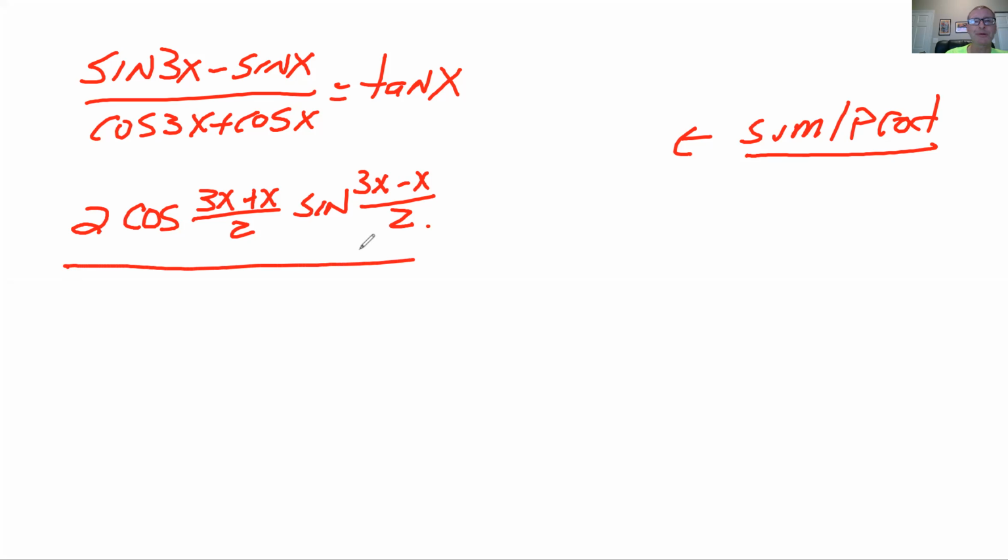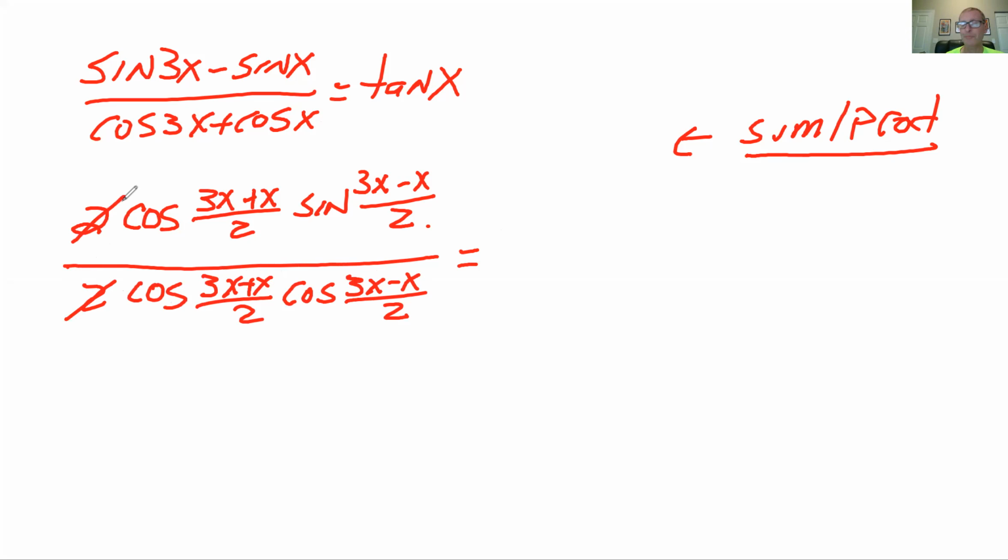So on the bottom, we would have 2 cosine, and then this would be 3x plus x over 2. And this would again be a cosine, and this is 3x minus x over 2. And so there's our first 2 terms. So let's simplify this a little. Well, the first thing we could do is get rid of these 2's. So that's nice. So now we do, as they would say, some algebra on steroids, right?